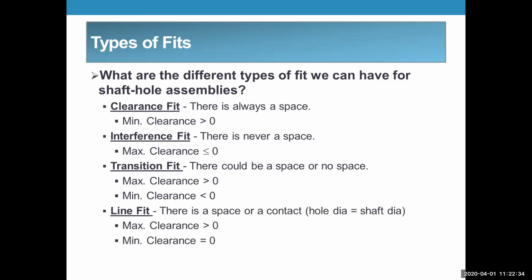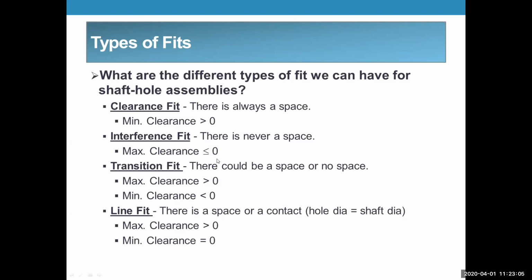And then they talk about line fits, where they're exactly the same size. The max clearance could either be greater than 0 or equal to 0, in which case, according to them, a line fit could still be an interference fit.